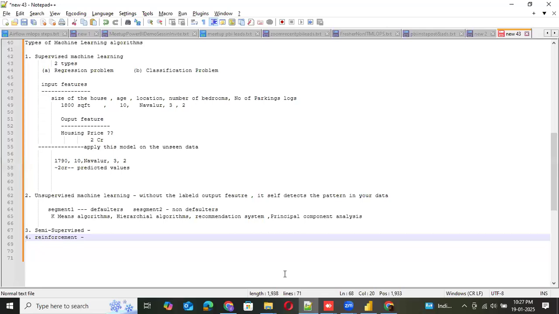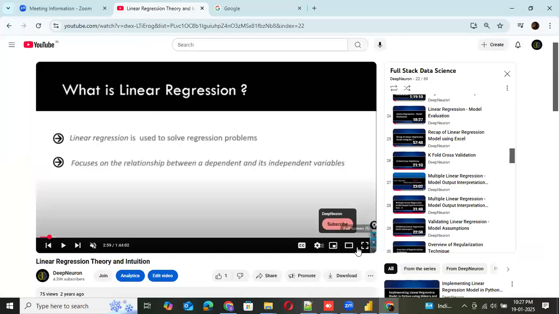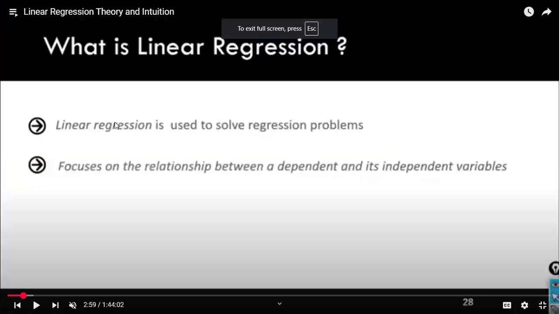Very simple. We'll start with the regression problem. Whenever we start with the regression problem, the first algorithm we learn is linear regression. Okay. So what is linear regression? We use this algorithm to solve the regression problem.